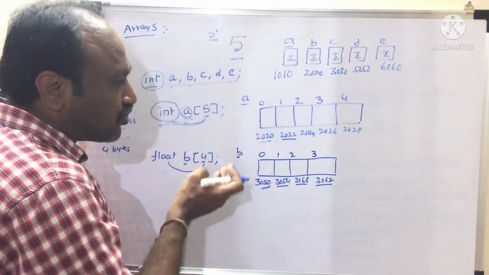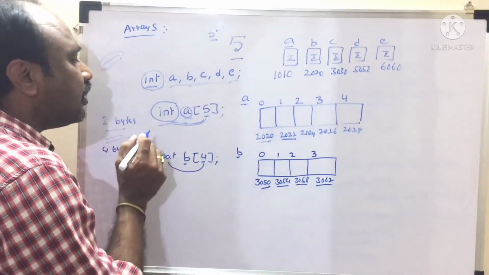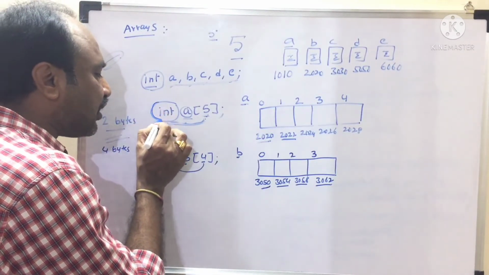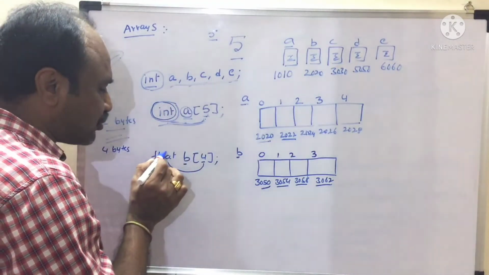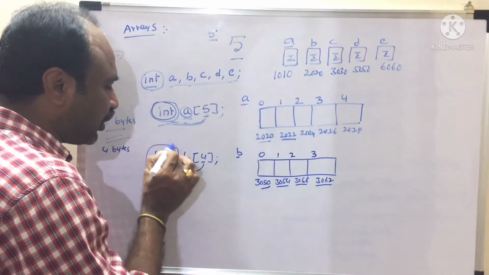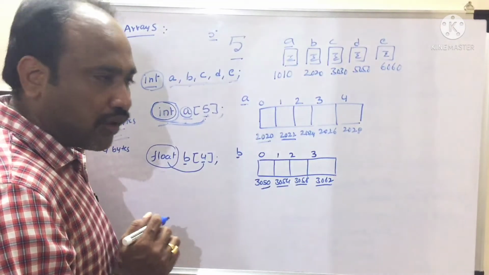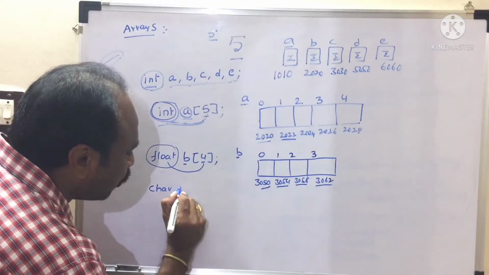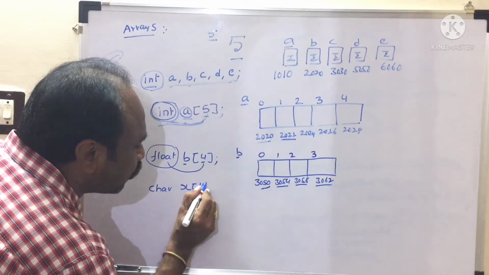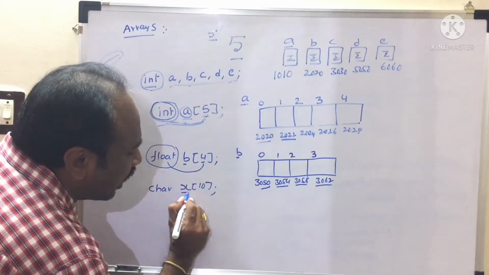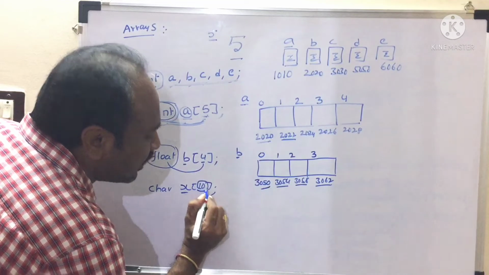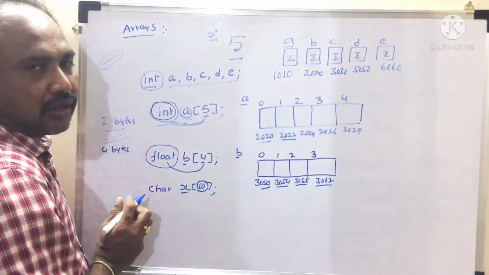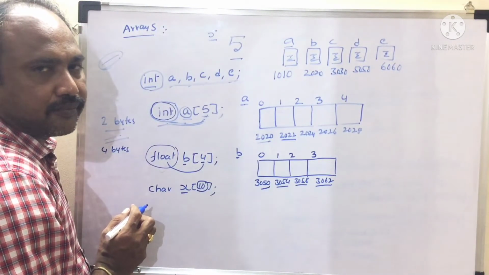By going through this discussion, we can conclude that if you are going to work with an integer array, we can store only integer values. If you are going to work with a float array, we can store float values. If you are going to work with a character array, we can store character values. Char x of 10. Under the name x, I can store how many characters? 10 characters.